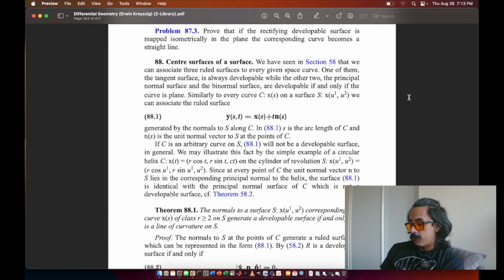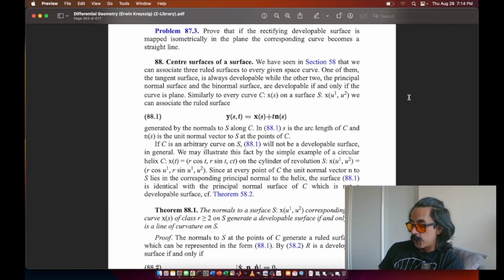Similarly, to every curve C with a vector parametric representation x(s) in terms of arc length s on a surface S, which has a vector parametric representation x(u1, u2), we can associate the ruled surface y(s, t) = x(s) + t n(s), generated by the normals to surface S along curve C.